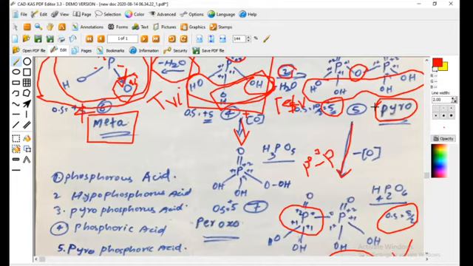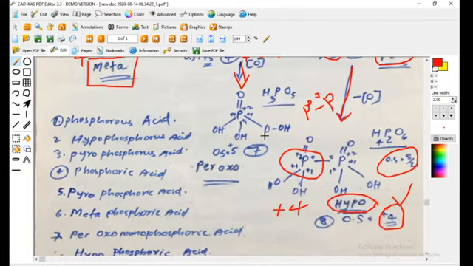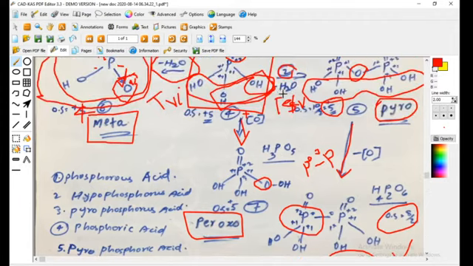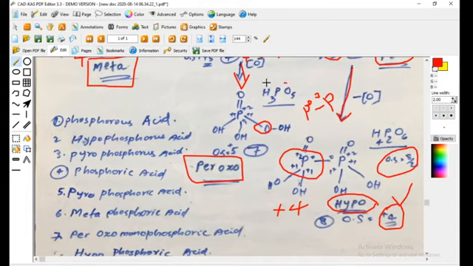And another important acid is from phosphoric acid. Earlier we eliminated oxygen from pyro; here we are adding one oxygen atom. If we add one oxygen, it will be included between the OH and phosphorus. So this acid name is peroxophosphoric acid. A peroxo, double oxygen, is attached together, and the molecular formula will be H3PO4 increased by oxygen number 1, so H3PO5.